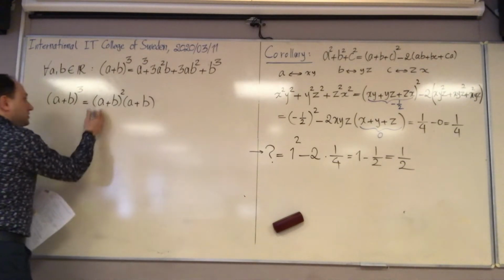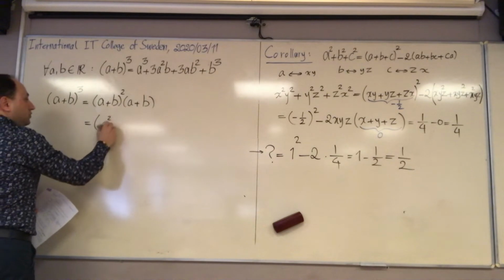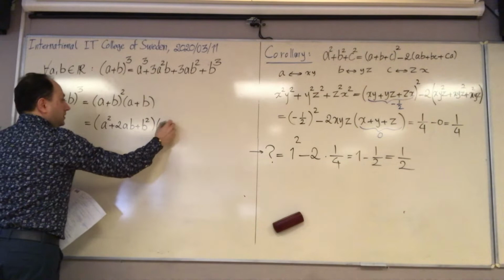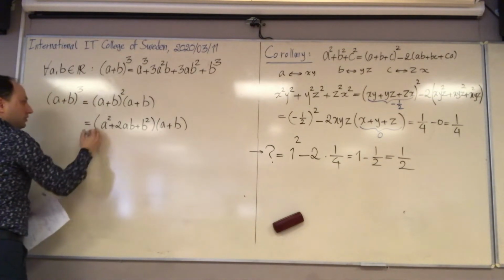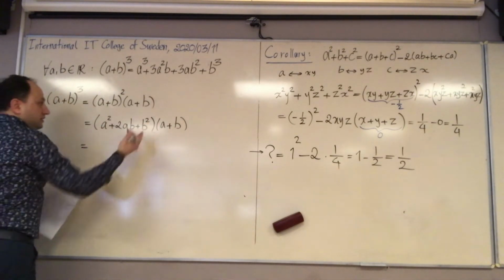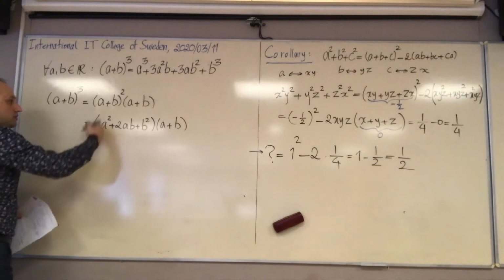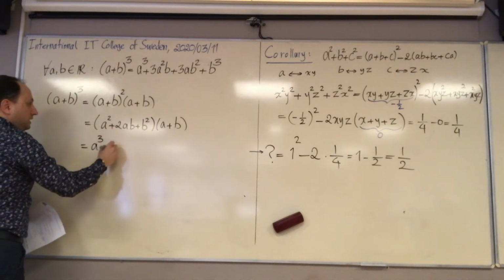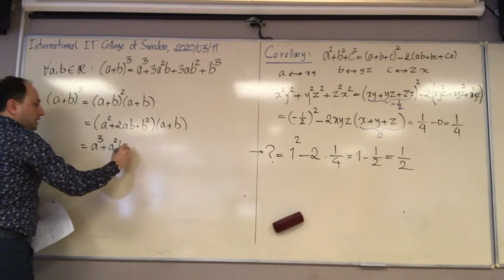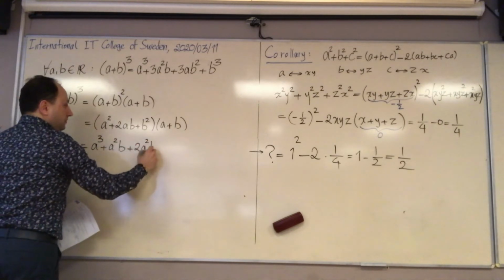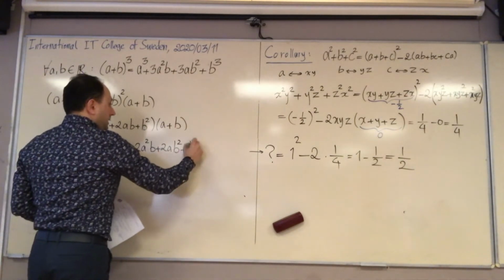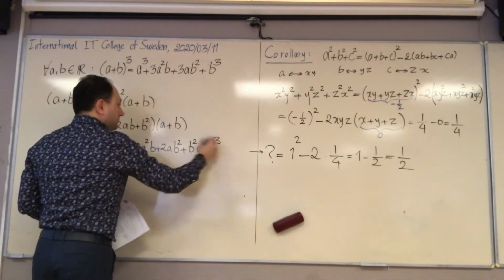So then, this is the quadratic rule, so the answer is a squared plus 2ab plus b squared, and then this one is a plus b. So what I do, I start multiplying, because there is no identity here that I can recognize, so I have to multiply. So a squared by a is a cubed, a squared b. This is finished. Next term is 2a squared b plus 2ab squared, and then I have b squared a plus b cubed, yes?